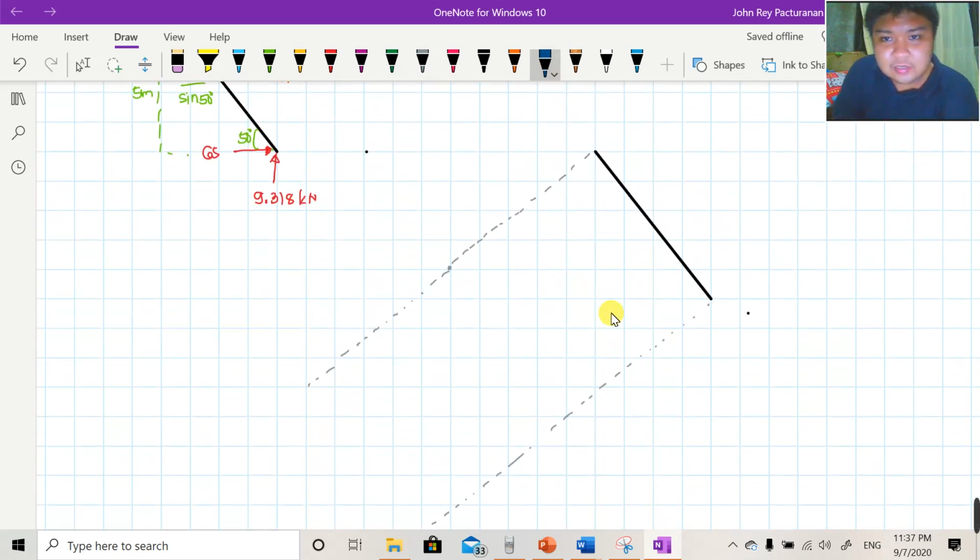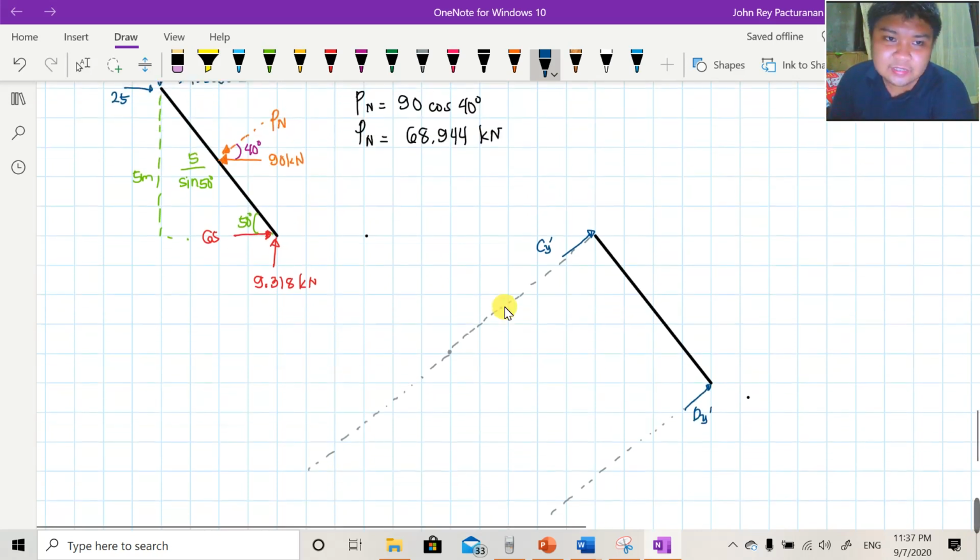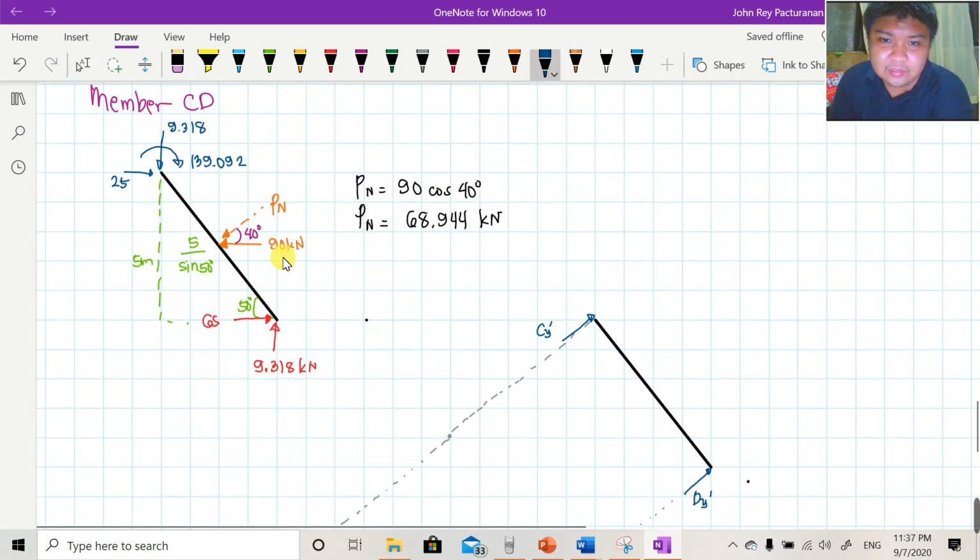Kailangan mong ilagay class yung bagong CY prime, tapos DY prime. As much as pwede nga natin i-ignore lahat ng mga forces, pero yung moment class, kailangan isama muna siya. So, we have a counterclockwise moment of 139.092, clockwise na to.